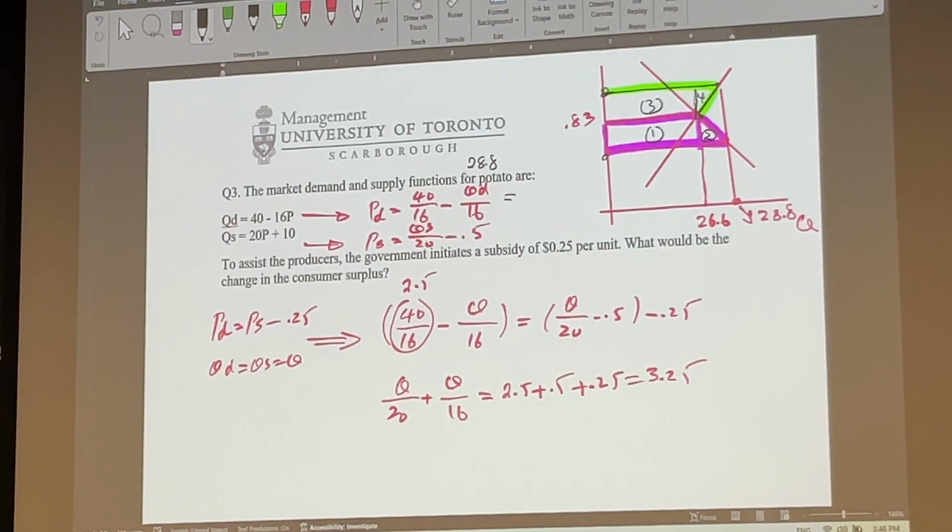Give me the price the consumer pays, which should be 11.2 divided by 16. How much is 11.2 divided by 16? 0.7? Yeah, it's 0.7.